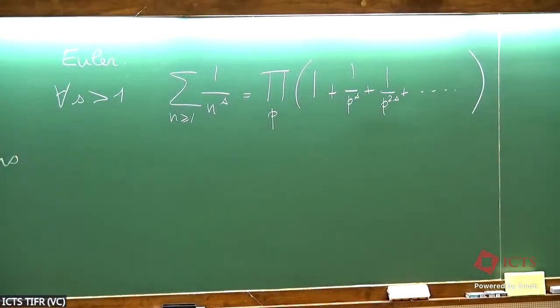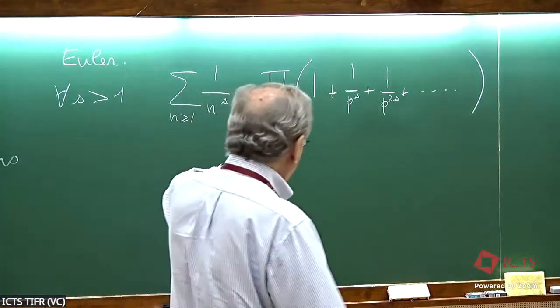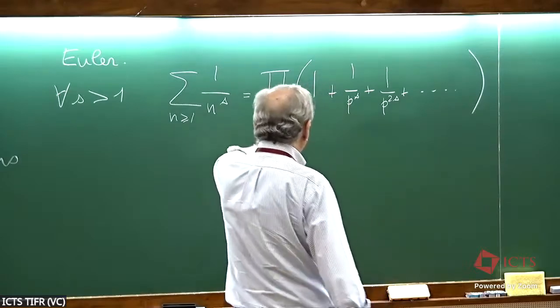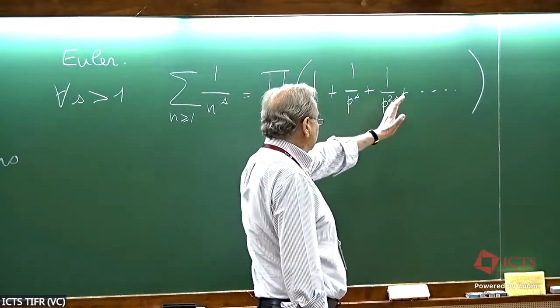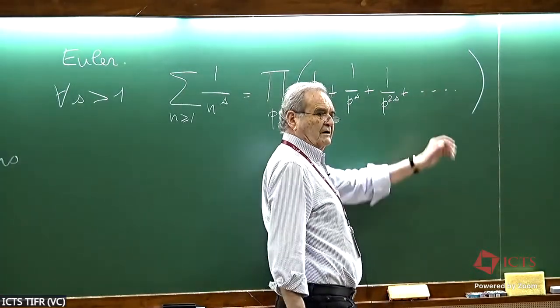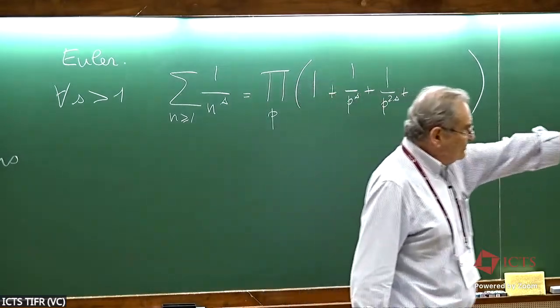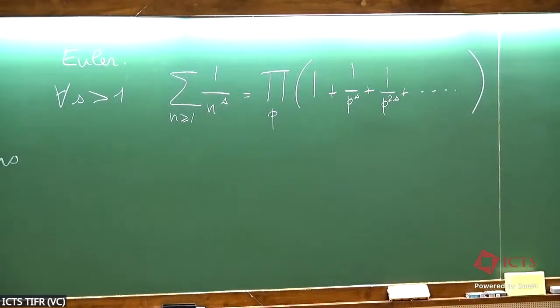To prove it, first of all you truncate everywhere. You truncate the primes, the number of prime powers, and the summation, and you use the little exercise for finite products and finite sums. This you can prove by induction.